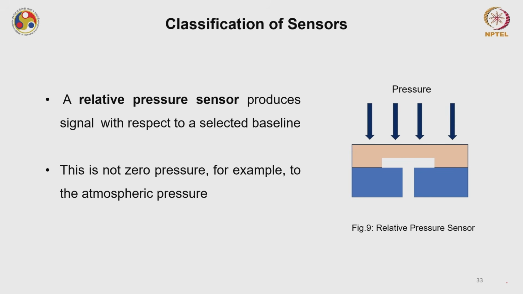This baseline can be chosen by you. Of course, it is not zero pressure. For example, it can be atmospheric pressure. So with this, I hope that the definitions of relative sensor and absolute sensor are clear to you.